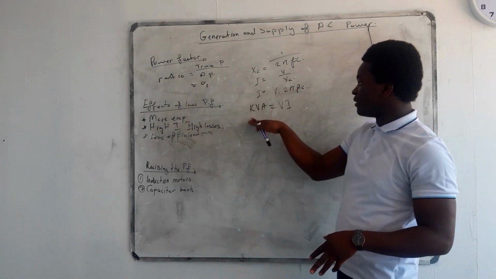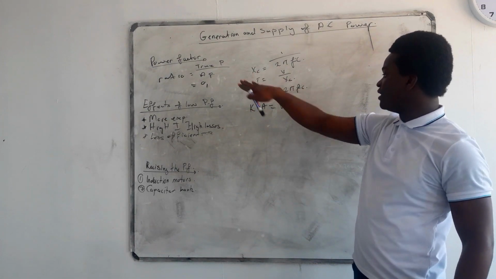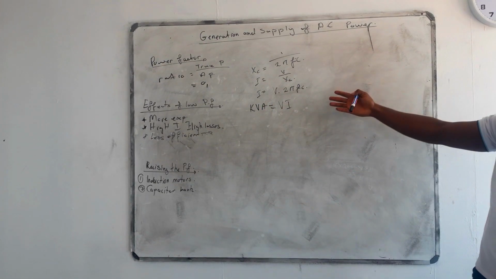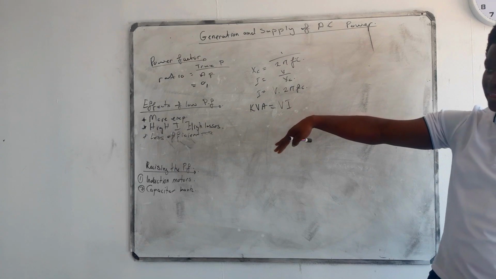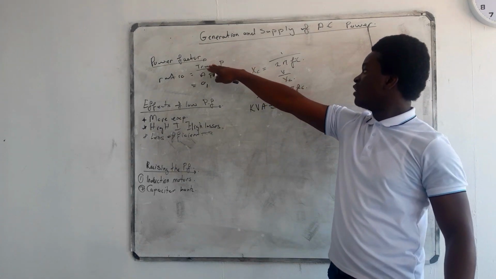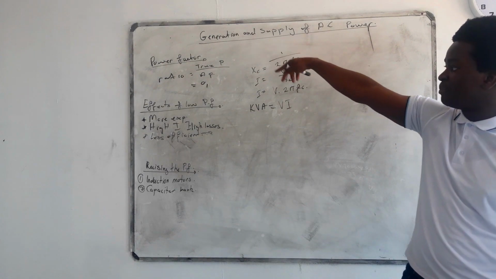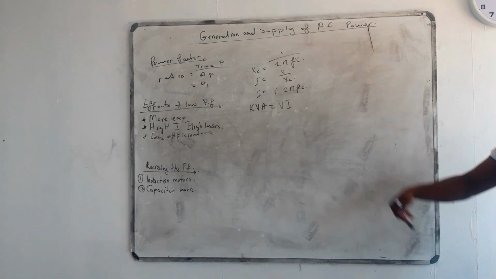That's how you know it's apparent power, because there are no losses. kVA is just voltage multiplied by the current, which does not take into account the losses. The formula that takes into account the losses for true power is VI cos theta, or VI multiplied by the power factor.